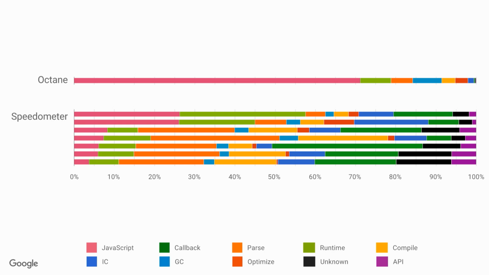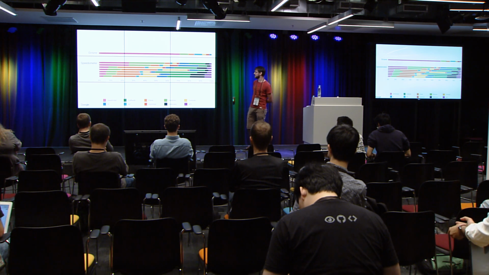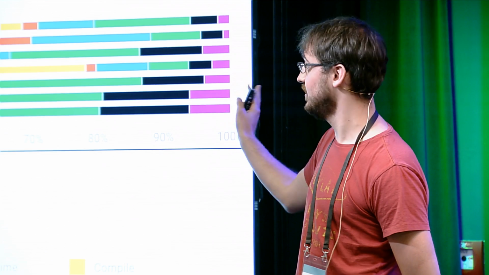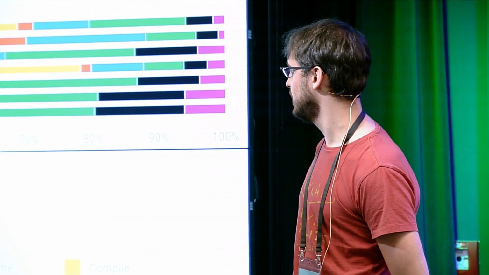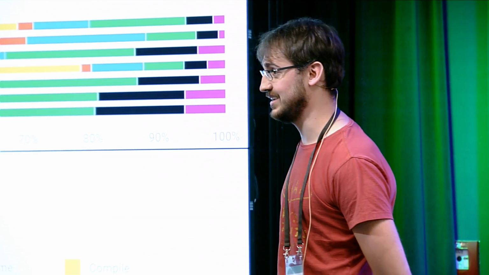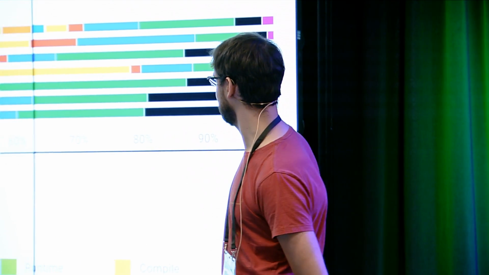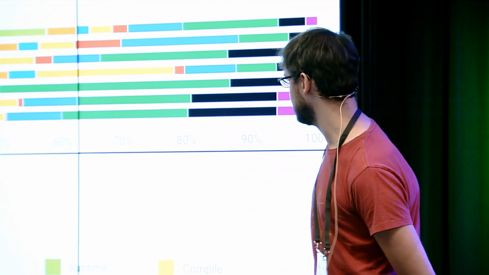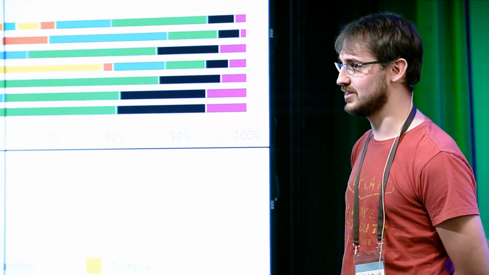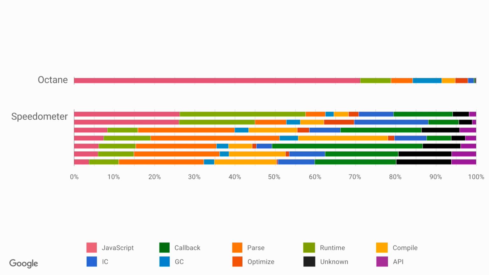Later on we redrew the graphs that they had, although we do get slightly different results than what they were seeing. You can see that Octane does indeed spend so much time in JavaScript, and Speedometer is, like JSBench, much less time in JavaScript. They don't spend as much time in ICs as they saw on JSBench, so the ICs are these blue bars here. But still, you can see we're spending much more time in C++ and in many different components, and JavaScript is a very, very small part of it.